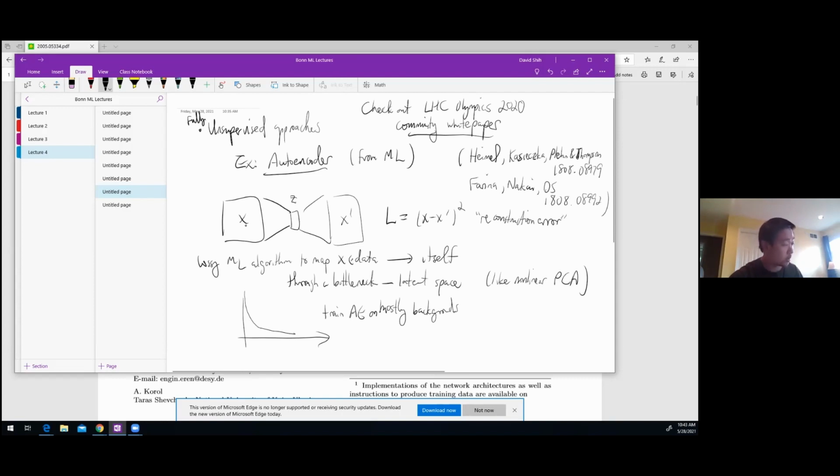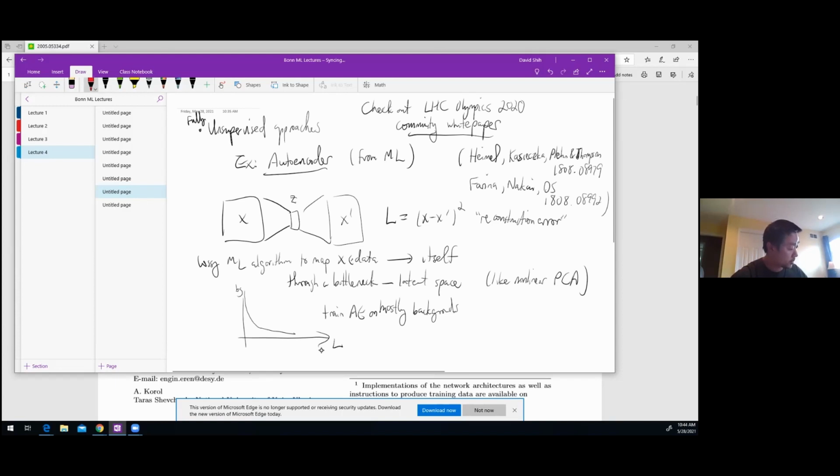With some kind of compression, this reconstruction error will be minimized from instance to instance in the data, but it can't be exactly 0 for every data point. If I make a histogram of the reconstruction error for the backgrounds, it might look like this: mostly 0 or close to 0 with some tail.